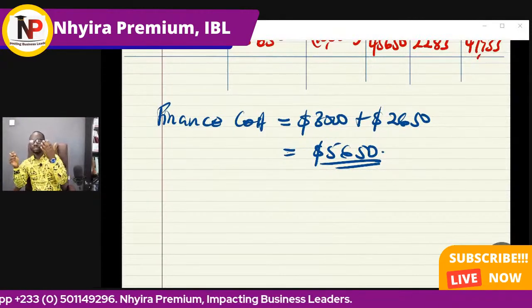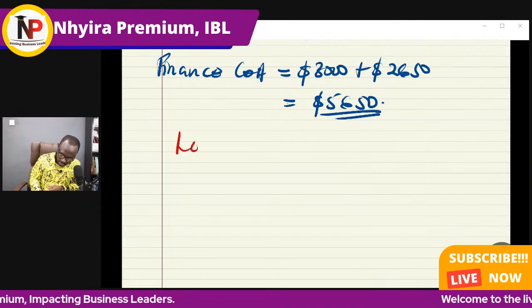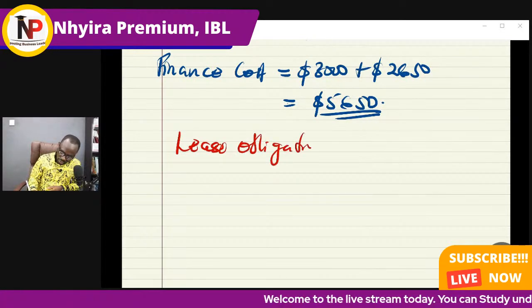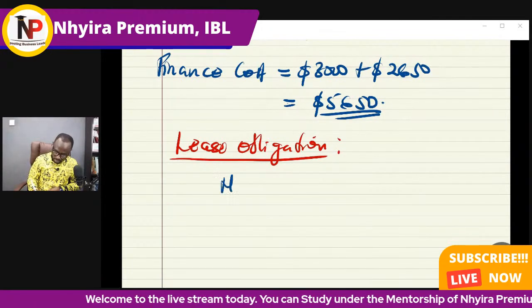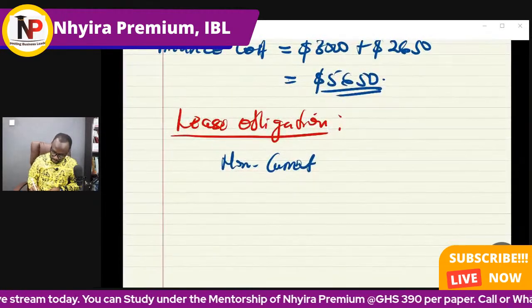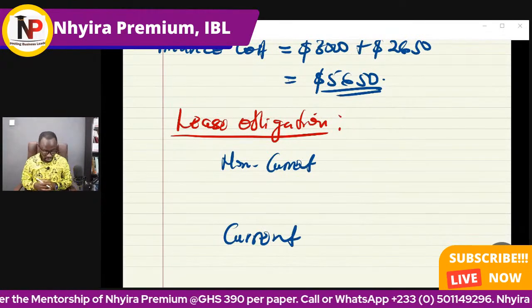Now, when it comes to arriving at the lease liability, current and non-current, because this is an extra, that's why I'm presenting like this.